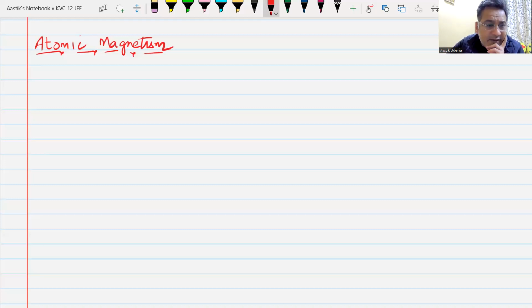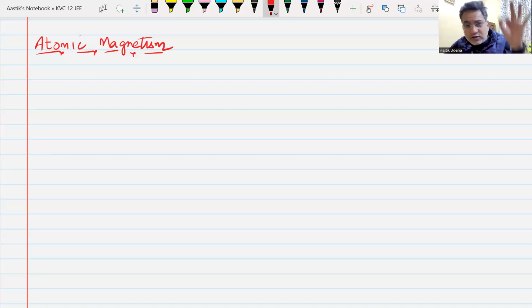Now, whenever you have an electron moving around the nucleus, you remember atomic structure, modern physics, yes or no? This electron is a charge, and this charge is moving around in orbits.